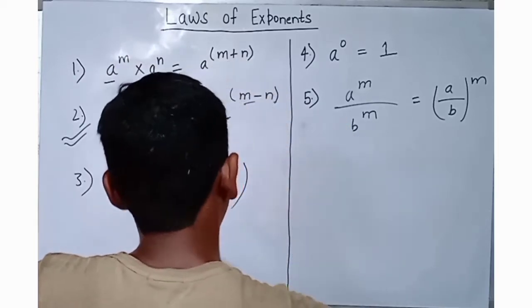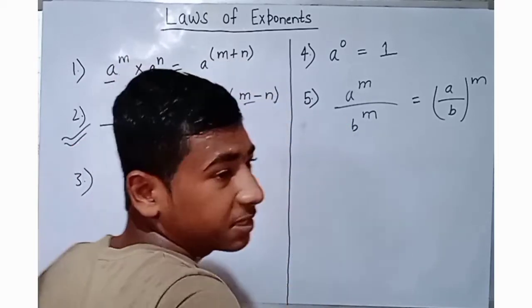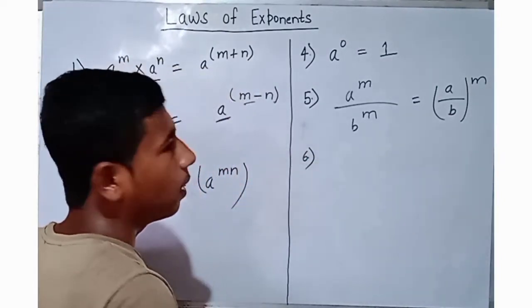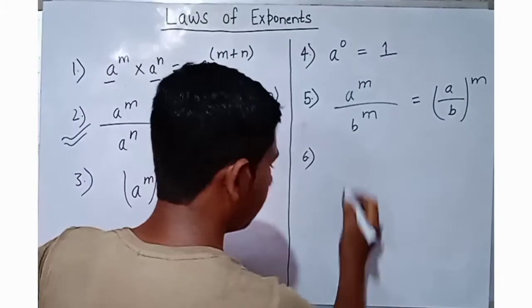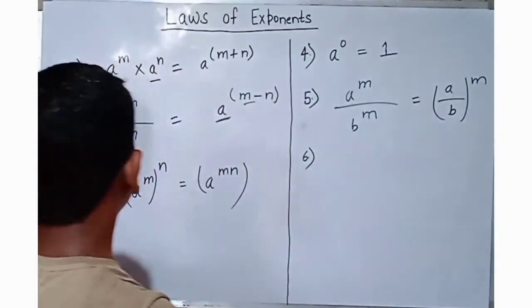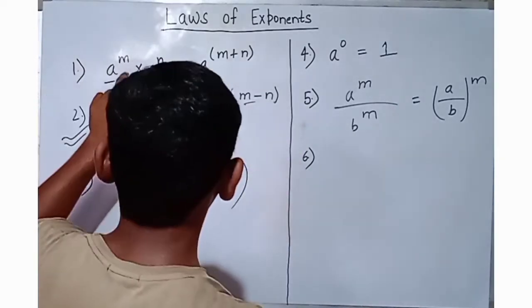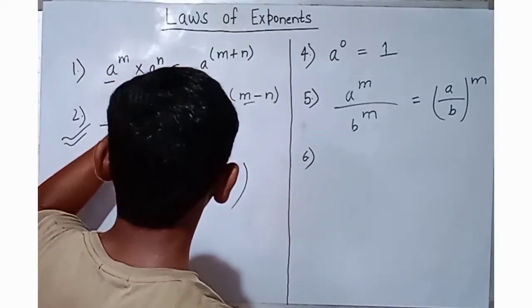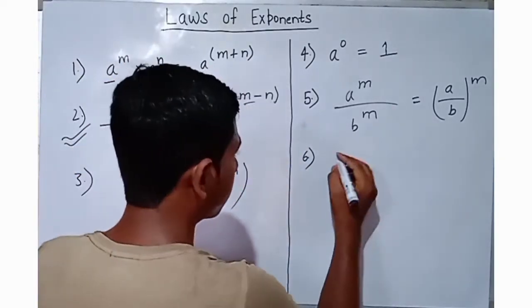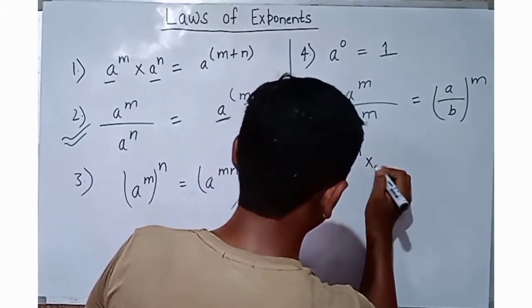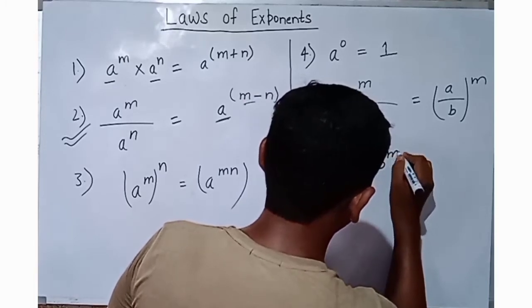Now the next is, when the base is same, then this will happen. But if the power is the same, then what will happen? I'm writing here a to the power m into b to the power m.